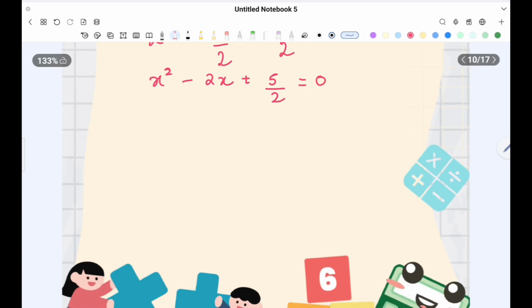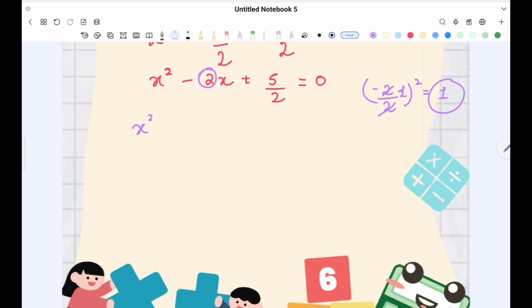Now, what do we have to do? We have to take the coefficient of x, which is minus 2, divide it by 2, and then square it, which will be 1. Now we have to add this square term and subtract it from the equation. Add, then subtract.